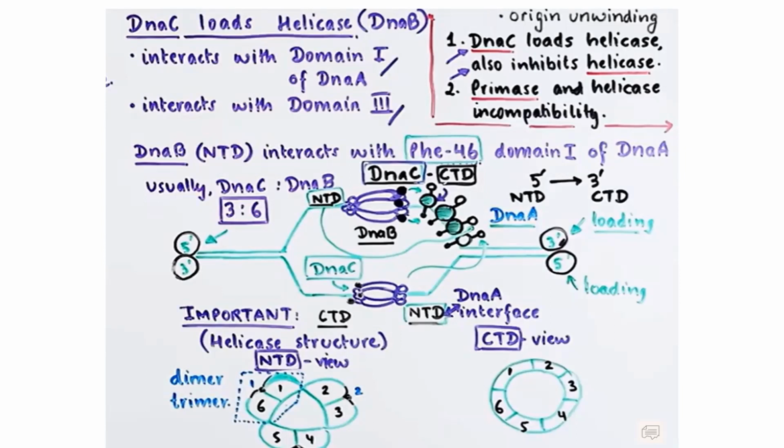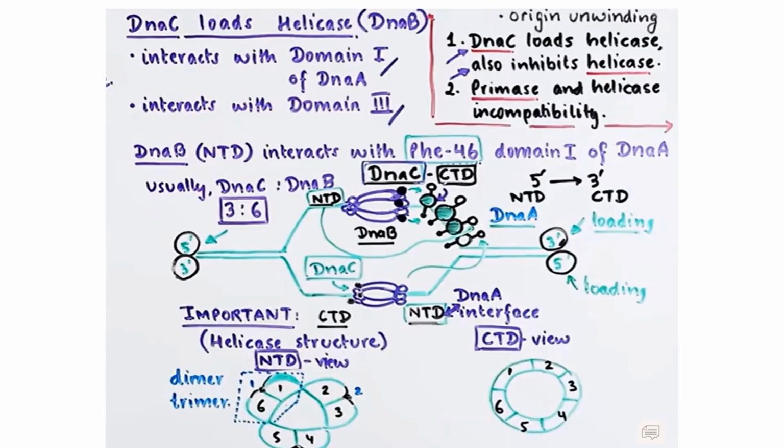So, to add some details about the loader protein, you should note that the DNA C binds to the C terminal end of the helicase, and usually three of them bind to the hexamer. Now the DNA C protein interacts with the DNA A domain 1 and 3 and loads the helicase at the DUE region, where the DNA C is bound to the C terminal of the helicase. Notice the positioning of the N terminal and C terminal of the helicase.